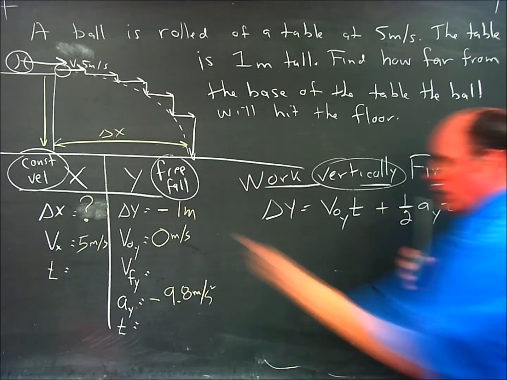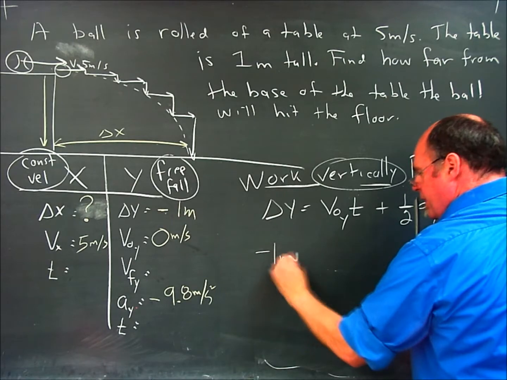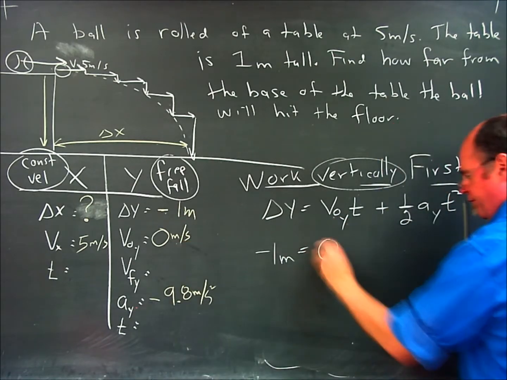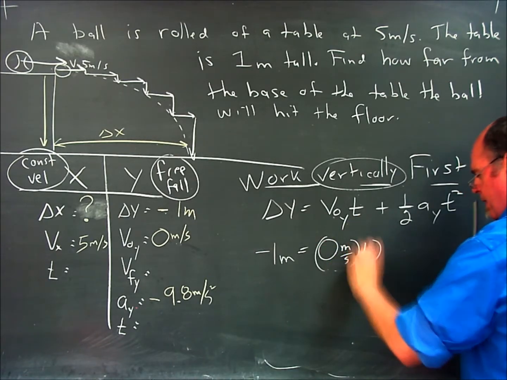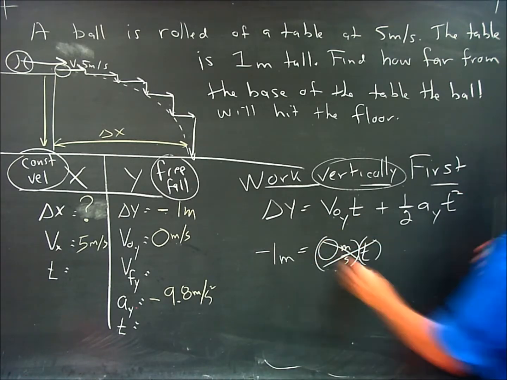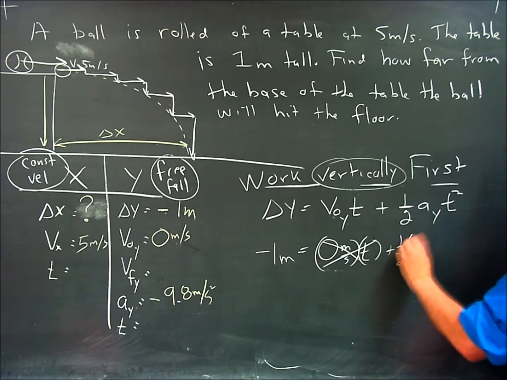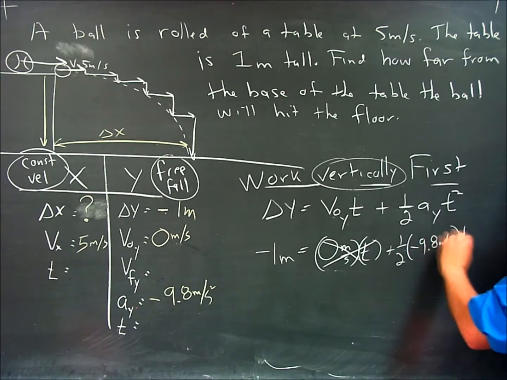So what is delta y? Well, I'm looking at this column. Delta y is negative 1. So it's negative 1 meter equals, what's the initial velocity in the y direction? 0. Time is unknown. Anything times 0 cancels out. Plus 1/2 times negative 9.8 times time squared.